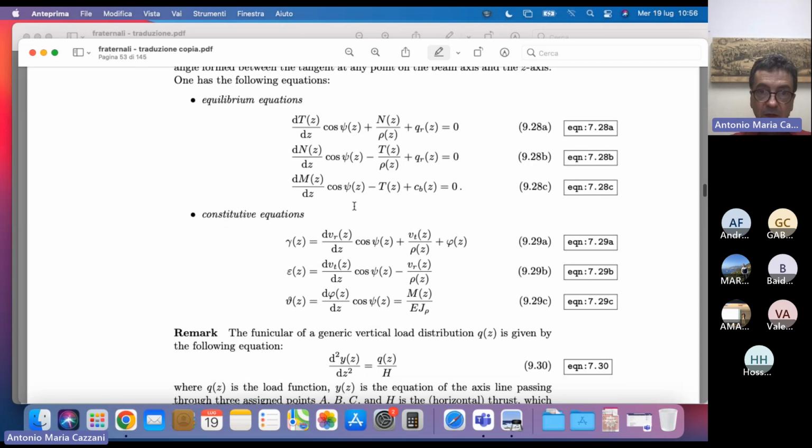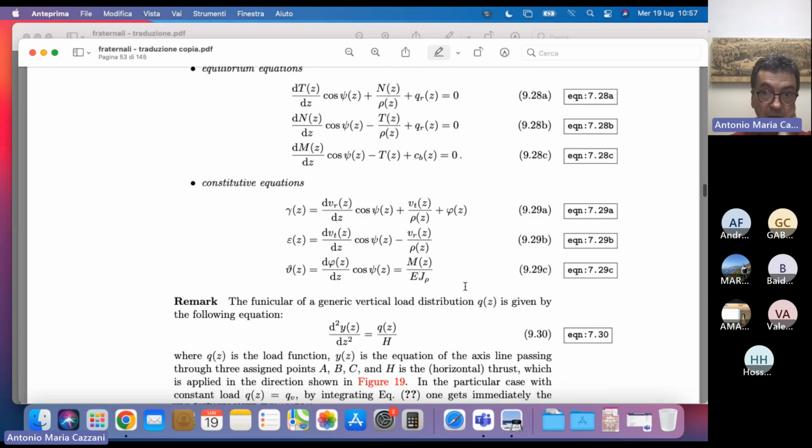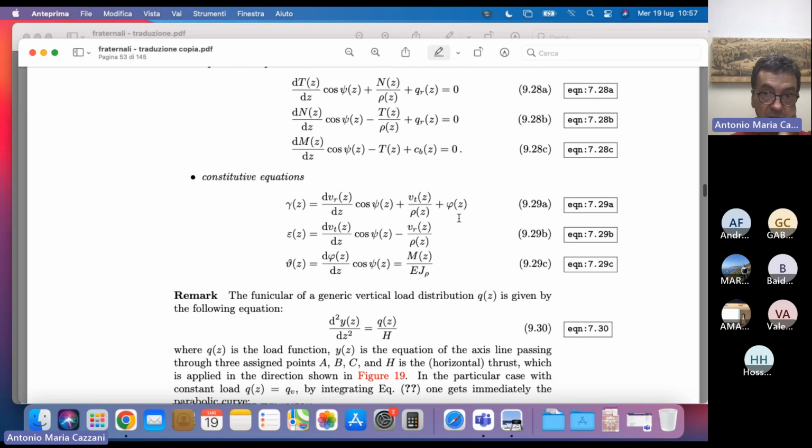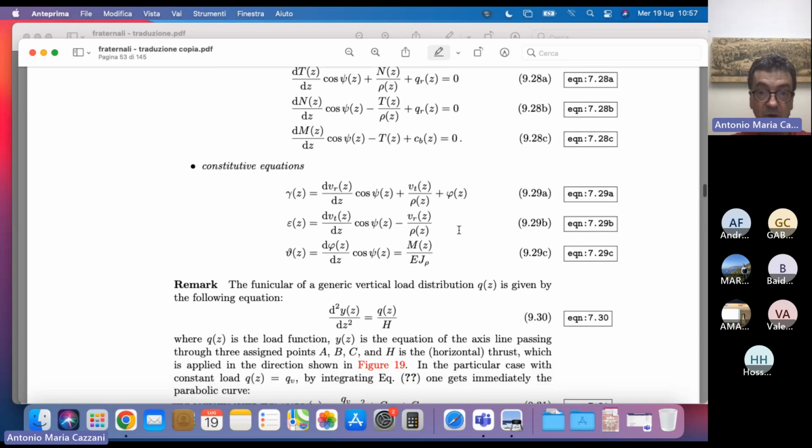Similarly, we can work with the constitutive equation and the compatibility conditions, inserting the constitutive equations, taking again into account that the arch is considered to be inextensible and shear undeformable.